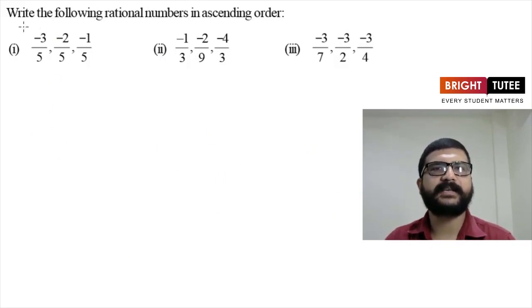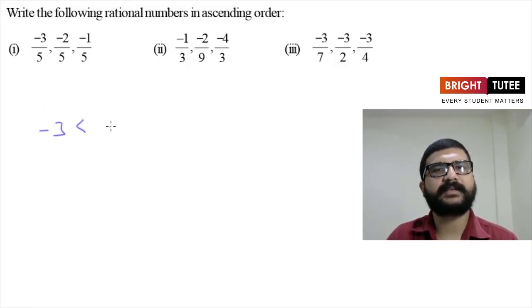The question is, write the following rational numbers in ascending order. The first is minus 3 upon 5, minus 2 upon 5, minus 1 upon 5. Here denominators are same, so we just have to compare their numerators. So let us compare their numerators first. Which one is the smallest?